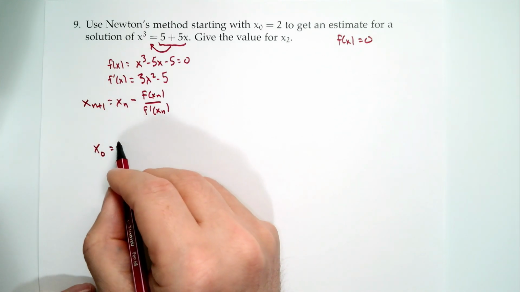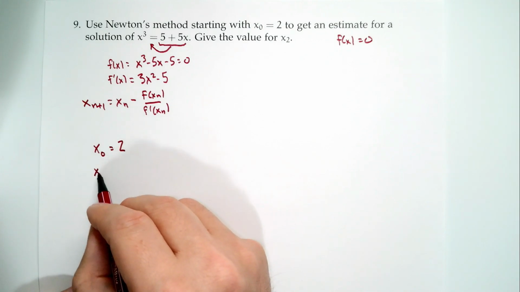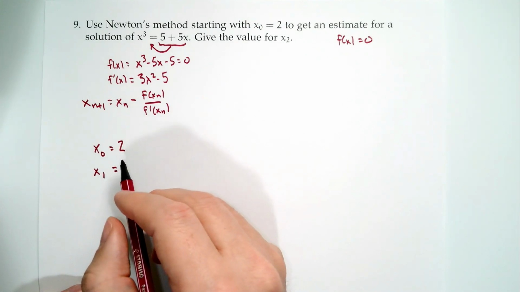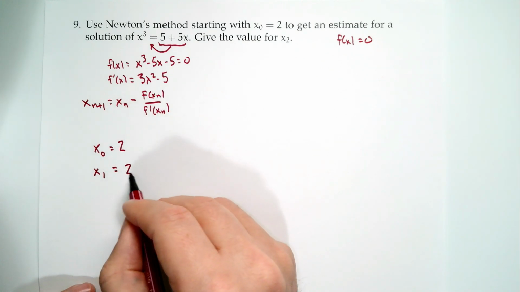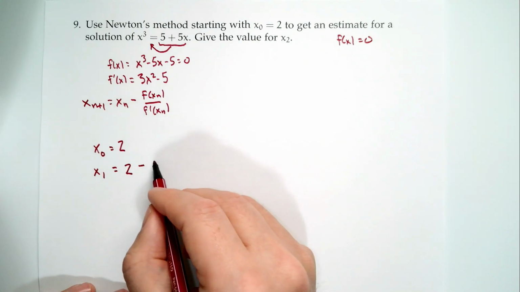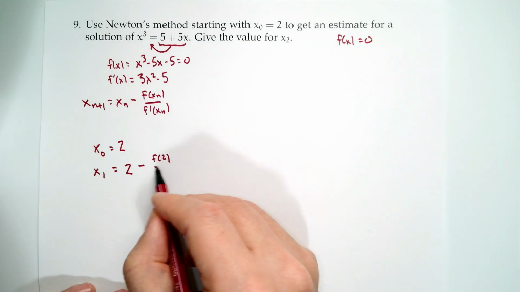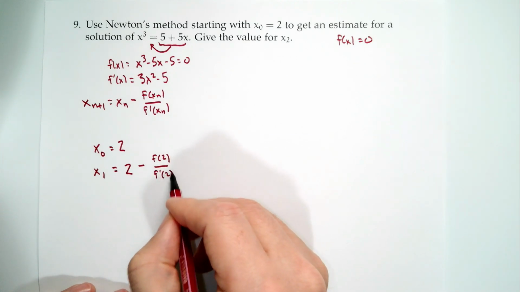So x0 equals 2. x1, well, that says plug in your previous guess, 2 minus the function at 2 divided by f prime at 2.